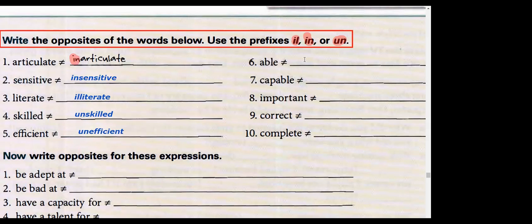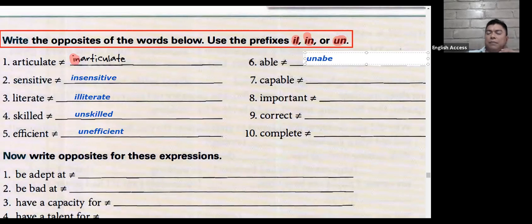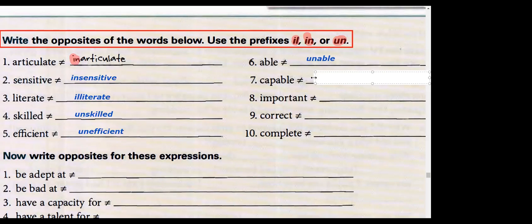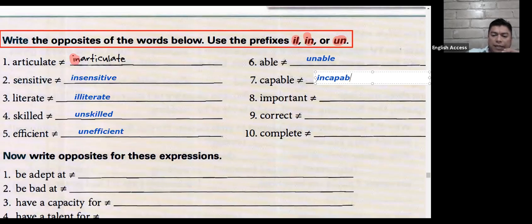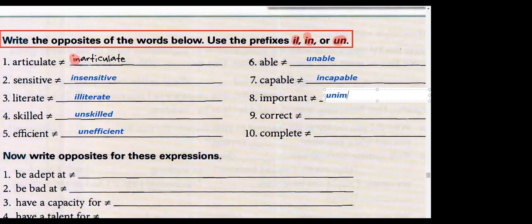Number 6, unable. Unable. Number 7, incapable. Incapable. Number 8, unimportant.